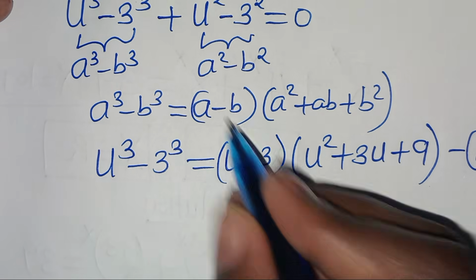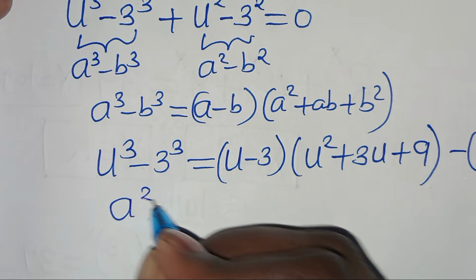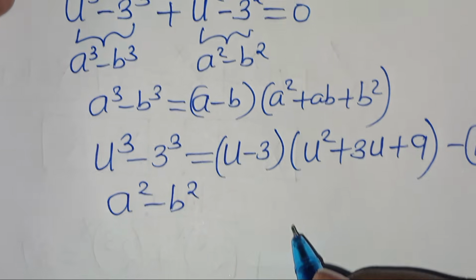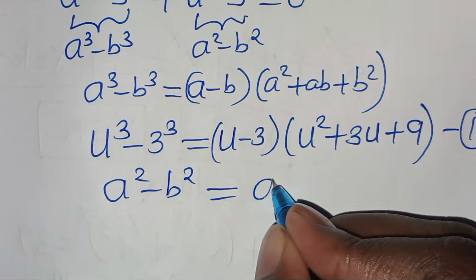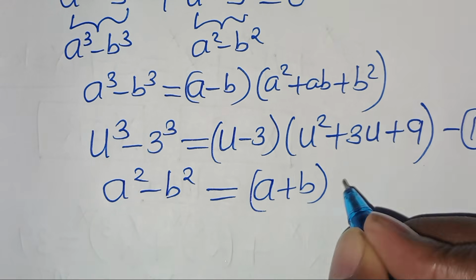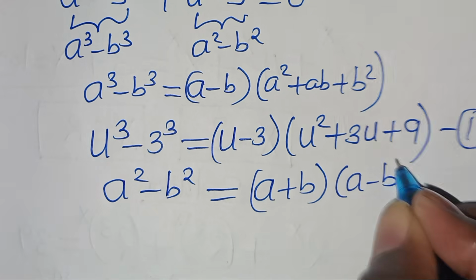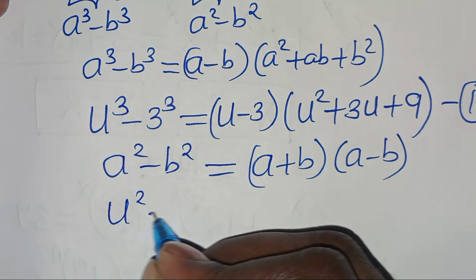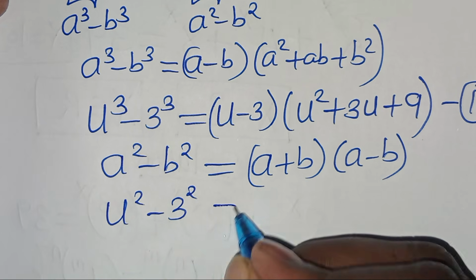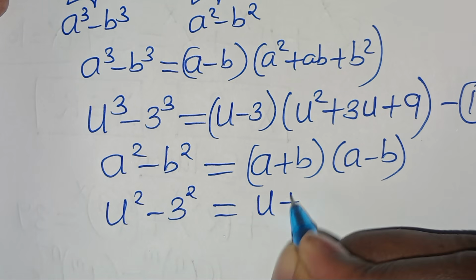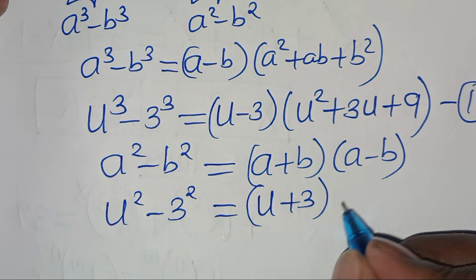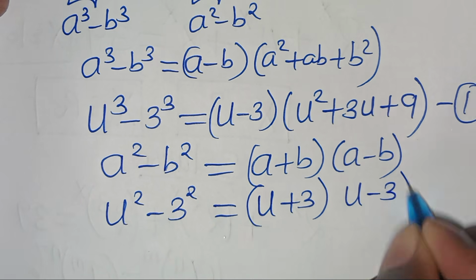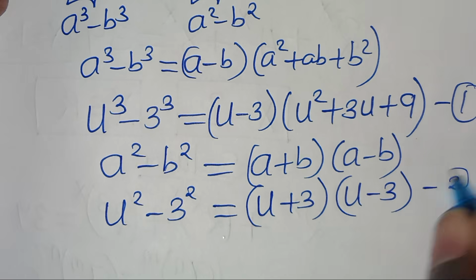Then we have the difference of two perfect squares expressed as a squared minus b squared, which we can express as a plus b multiplied by a subtract b. So we have u to the power of 2 minus 3 to the power of 2. This is equal to u plus 3 multiplied by u subtract 3. So this is the second part.